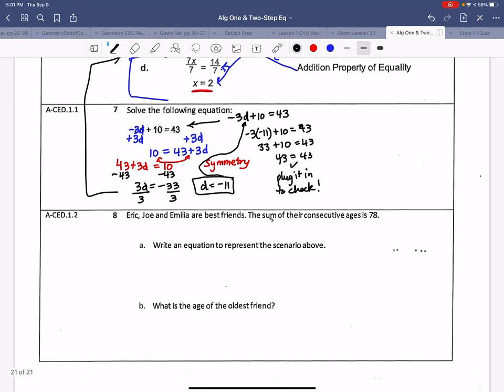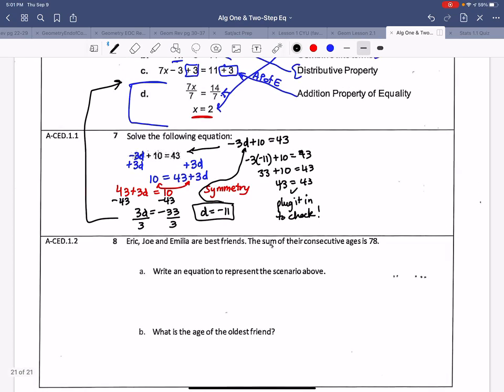All right. Last question, it says, Erica, Joe, and Amelia are best friends. The sum of their consecutive ages is 78. So we know if we add together their ages, we get 78. And so in class, we said, okay, let's divide their ages by 3 to find out. You probably will use a calculator. I'm just going to do it by hand here.